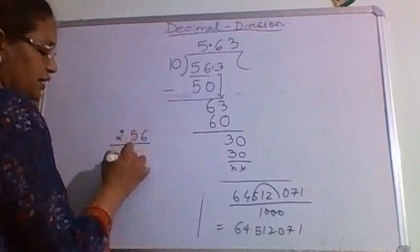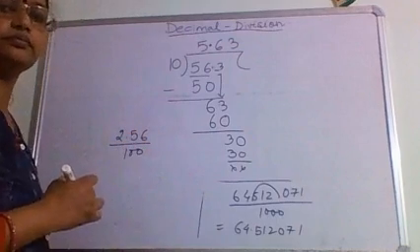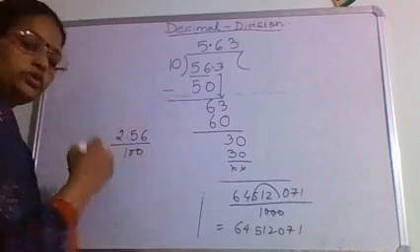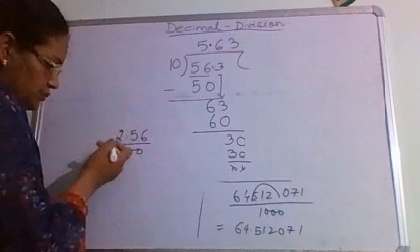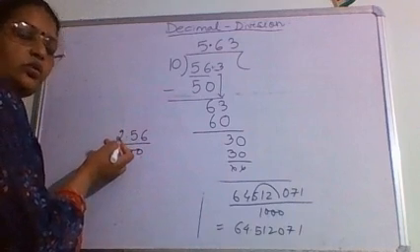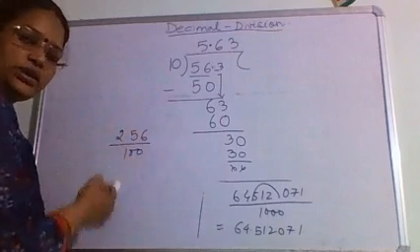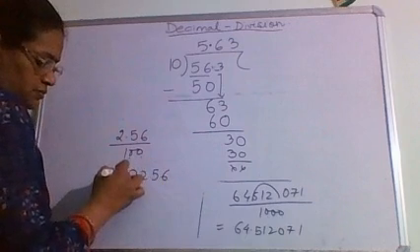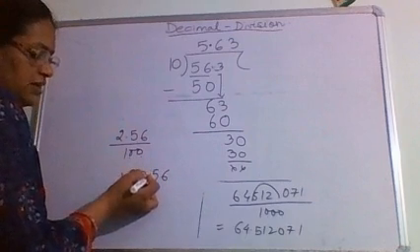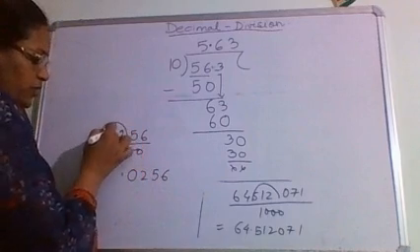One more example I will take. 2.56 divided by 100. 2 places. I have to shift the decimal over here, but here it is only 1 digit. So what will I do? I will add 1 zero. So my decimal is here, so it will be shifted over here, so like this.